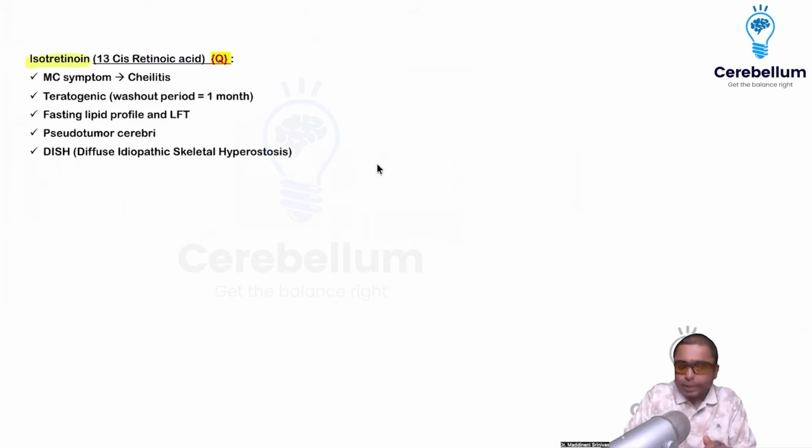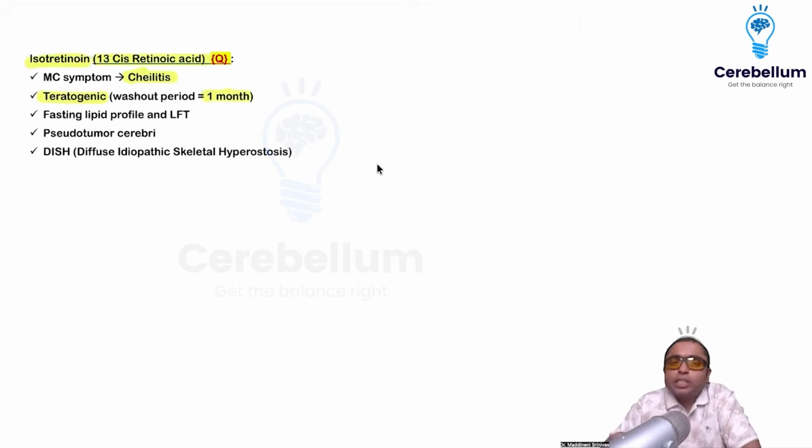What is the other name of isotretinoin? This was also asked. It is 13-cis retinoic acid. And what is the most common symptom which the patient will experience because of isotretinoin? It is dryness of the lips, that is cheilitis. Remember, this is a category X medication, so teratogenic. If we start the patient on isotretinoin, we have to advise a washout or drug-free period of at least 1 month.